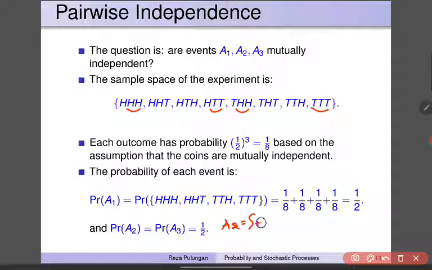So we have H, H, H, and then H, T, T, and then T, H, H, and then T, T, T. So this is A2. Now, the intersection between A1 and A2 therefore includes these outcomes. Okay, so the intersection contains H, H, H, and T, T, T.